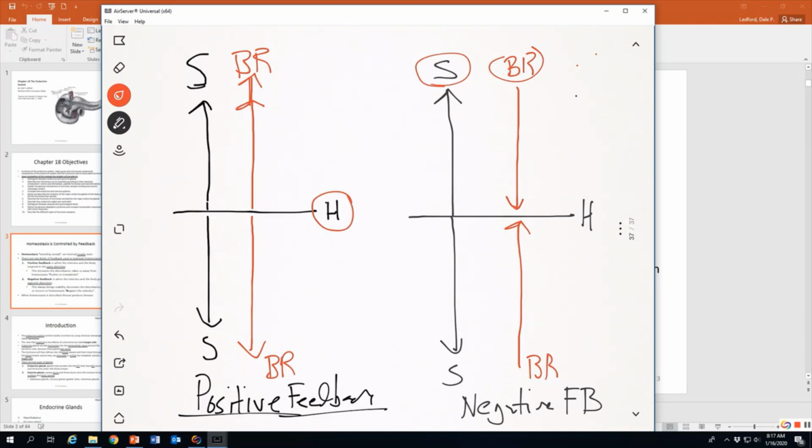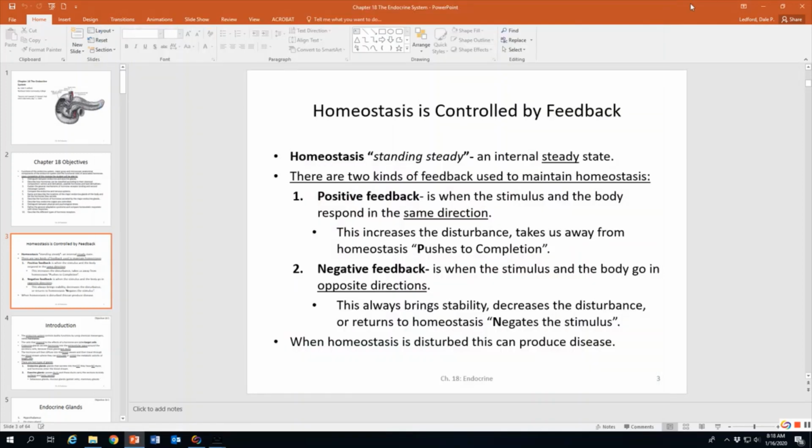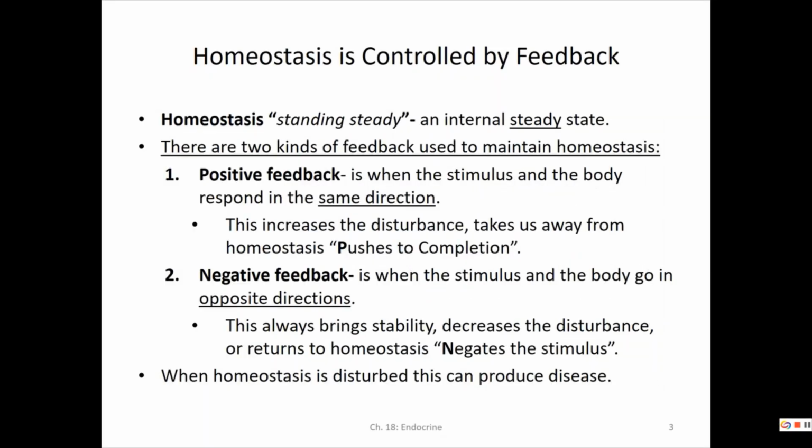So in negative feedback, we are always bringing ourselves back to homeostasis, back to stability, back to a steady state. Positive feedbacks always increase the disturbance and take us away from homeostasis. We can say they push us to completion.